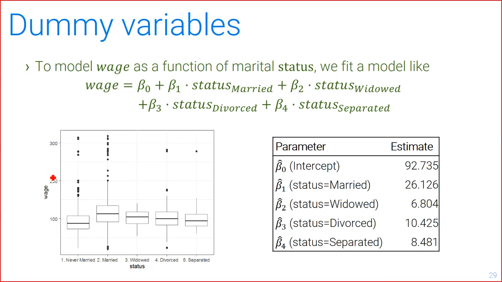So let's see an example. Imagine that again we want to model the wage as a function of the marital status. This is a categorical variable and it has more than 2 levels, more than 2 categories. Specifically, we have 5.